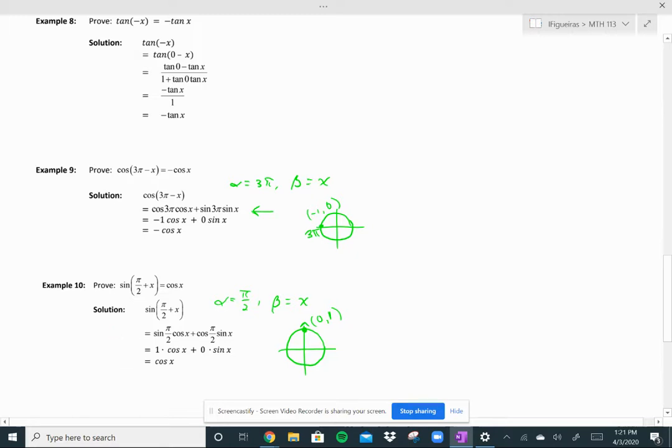So that's what you see in this line here. Sine of pi over 2 is 1 times the cosine of x plus cosine of pi over 2 is 0 times the sine of x. So the second term is just 0. So you get what you were trying to prove, that the sine of pi over 2 plus x equals cosine of x.